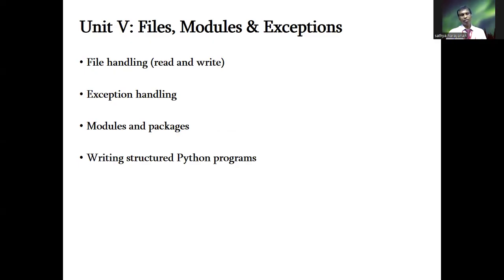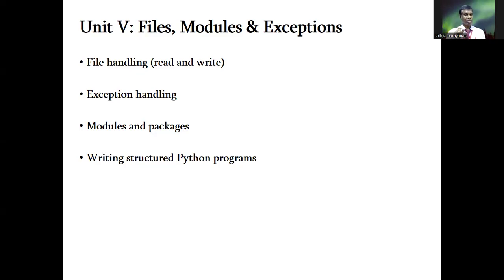And the very last unit is called files, modules, and exceptions. So here we are going to deal with terms related to files, file storage, and file handling methods. The different file handling methods are reading the file and writing into the file. To read from a file, something has to be written in it first of all.